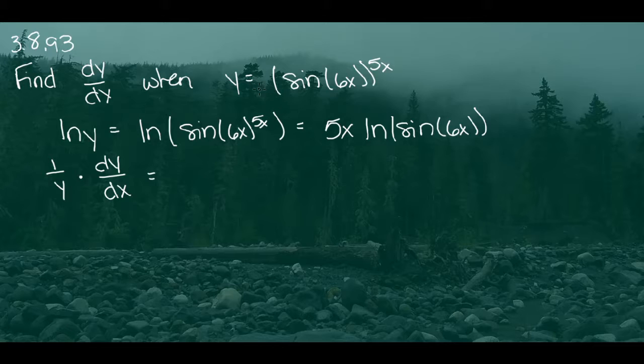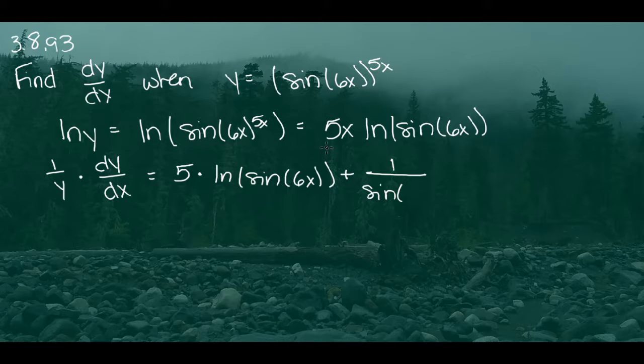Okay, so the product rule: derivative of the first term, which is the derivative of 5x, which is just 5, times the second term, so natural log of sine of 6x, plus the derivative of the second term. And taking this derivative, my first outside function is a natural log, so the derivative of that is going to be 1 over sine of 6x times the derivative of the next function, which is the derivative of sine, which is cosine.